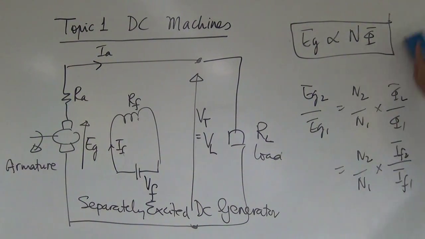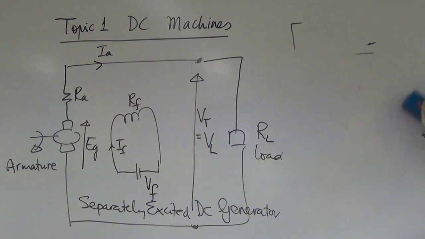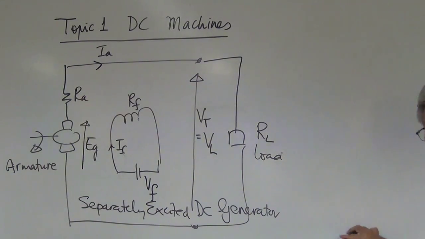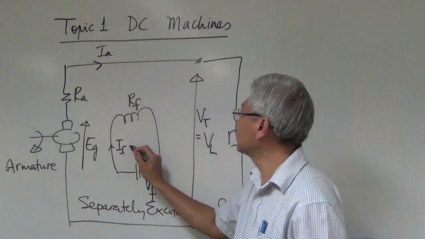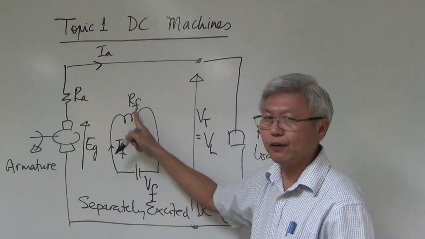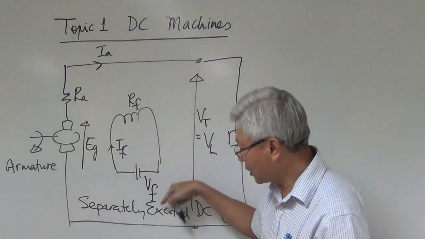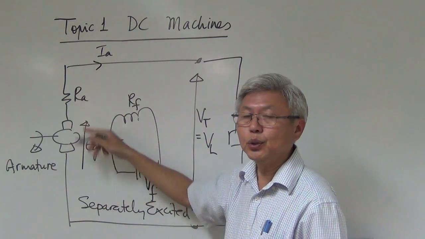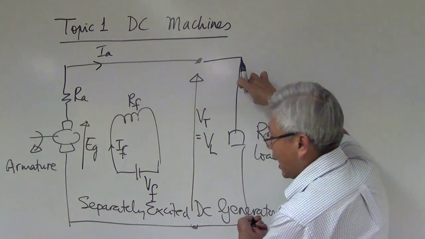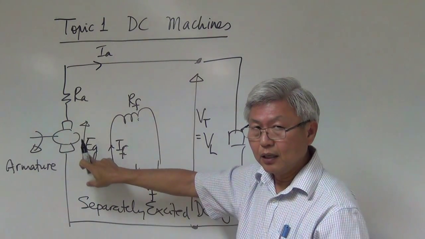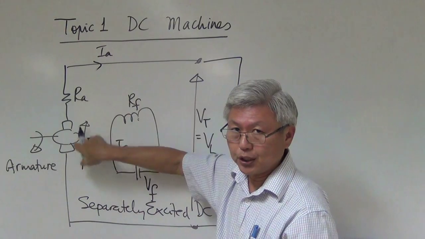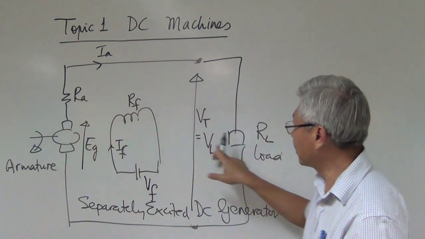Okay. So for the generator, we have just gone through some basic formulas. What are they? IF is equal to VF divided by RF. Kirchhoff's voltage law says Eg equal to IARA plus IARL. What is the power generated? V times I, Eg times IA. What is the output power?